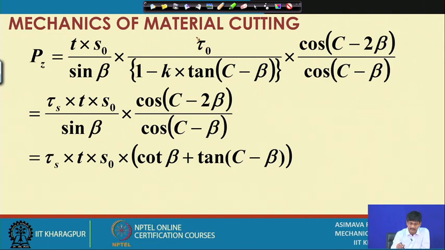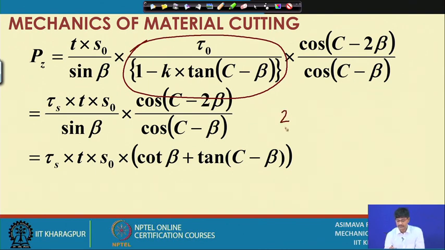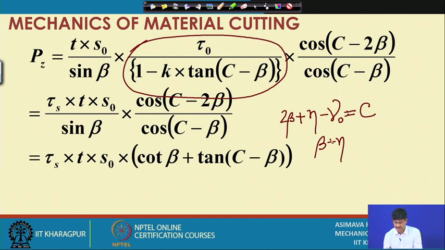This one expression, since twice beta plus eta minus gamma o is equal to C, therefore we can write beta plus eta minus gamma o equal to C minus beta, and therefore, we have replaced those values here.